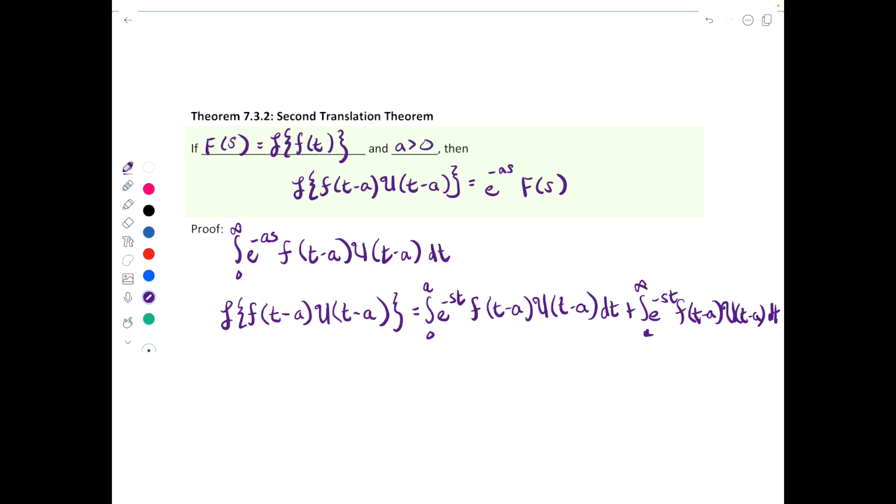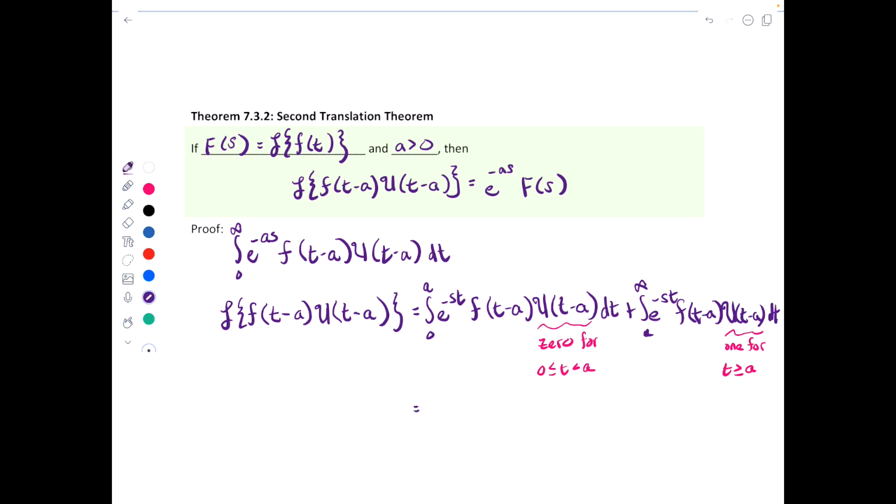So all I did is find some a where I can split the integral, since we're going t minus a, we're splitting it, because what's going to happen is this here is 0 for 0 less than or equal to t less than a, and over here this guy is 1 for t greater than or equal to a. So this will simplify quite a bit.